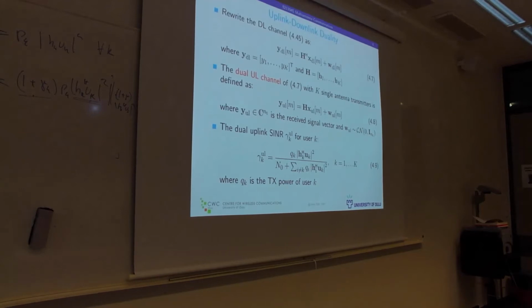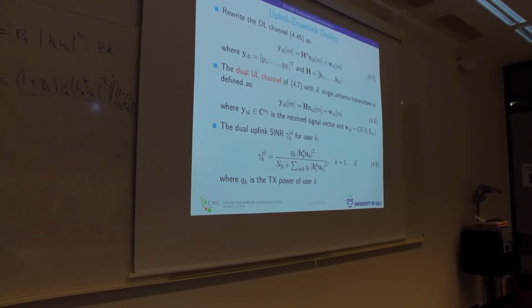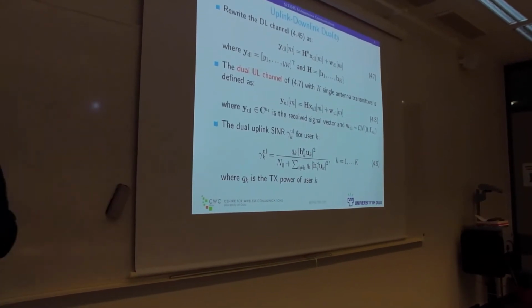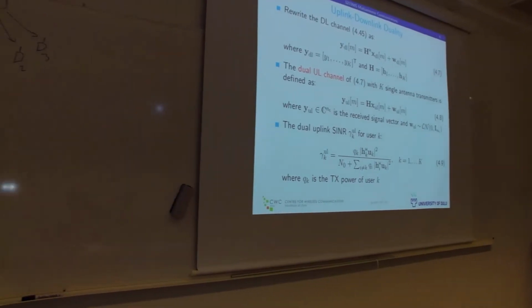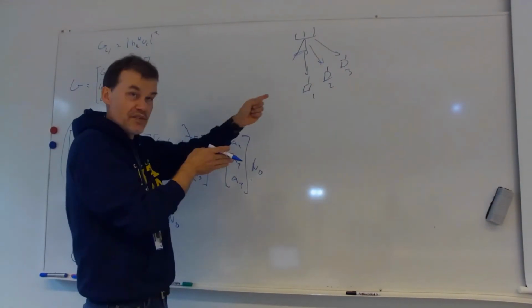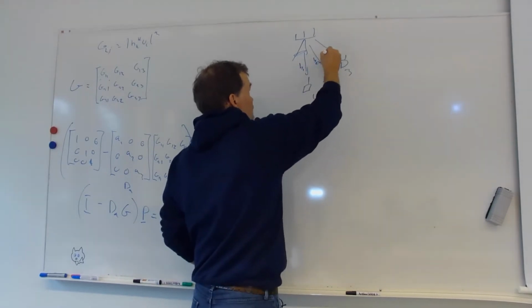So that was the downlink. Now let's reverse the roles. We have 3 antennas here and 3 users. We now consider the downlink model, and we have downlink beamformers U1, U2, U3 specific to each user, and then we have these corresponding channels.